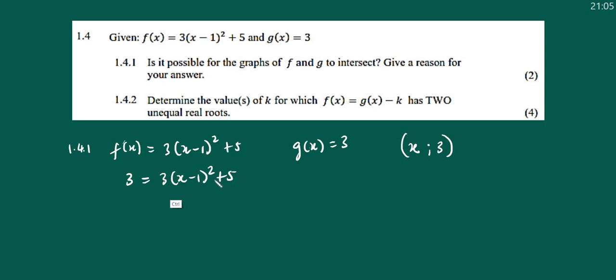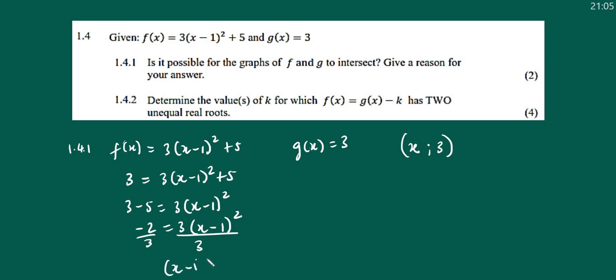If we solve, we have 3 minus 5 is equal to 3 into (x minus 1) all squared, which is negative 2 equals 3 times (x minus 1) all squared. Dividing by 3, (x minus 1) all squared is equal to minus 2 over 3, which has no solution, because a squared value will always be positive.